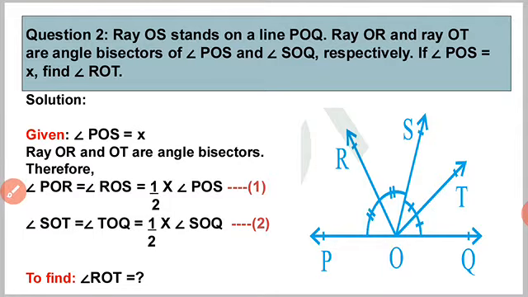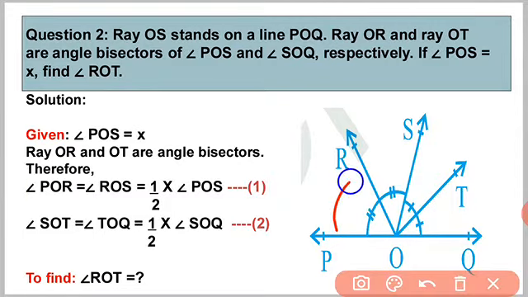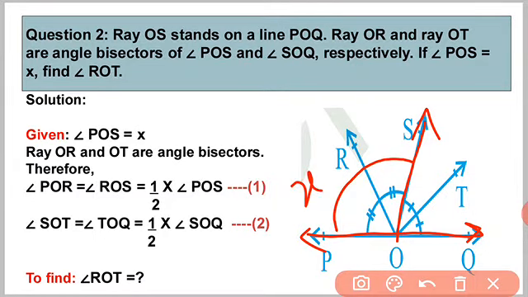Ray OS stands on line POQ, and angle POS and angle SOQ make a linear pair.